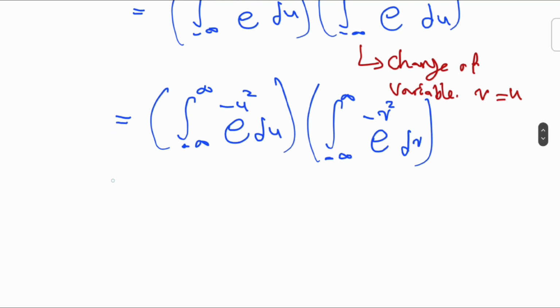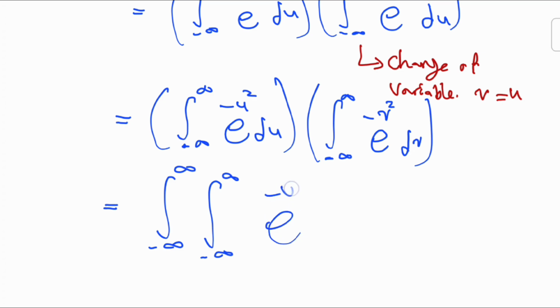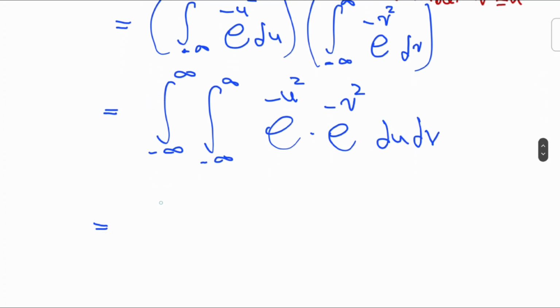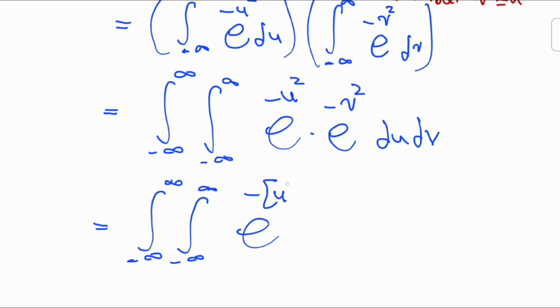When you multiply two integrals, since they are independent, you can combine them into a double integral. That will be e to the minus u square times e to the minus v square du dv. This integration is done over the two-dimensional space uv, so you can combine these together, u square plus v square, du dv.